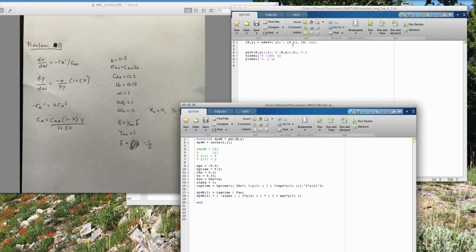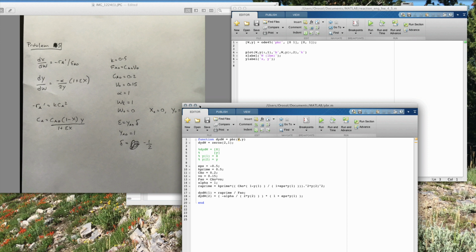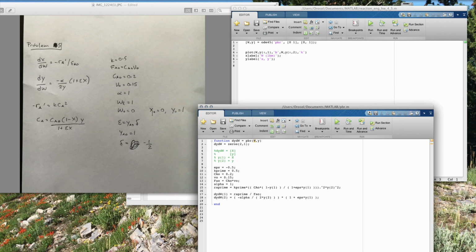And then these are your initial values for X and Y. So X naught is 0, and Y naught is 1, because at the beginning there hasn't been a pressure drop yet, so Y over Y naught is equal to 1. And so this will solve these equations.